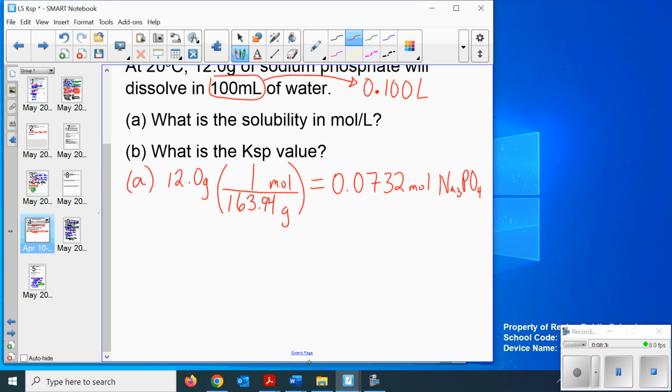So the concentration. Now I'm going to call this S for solubility, and this is the S that we're going to talk about at the very end. Okay? So the solubility of sodium phosphate: take the grams or the moles and divide by the liters given. So mathematically, let's just slip the decimal around.